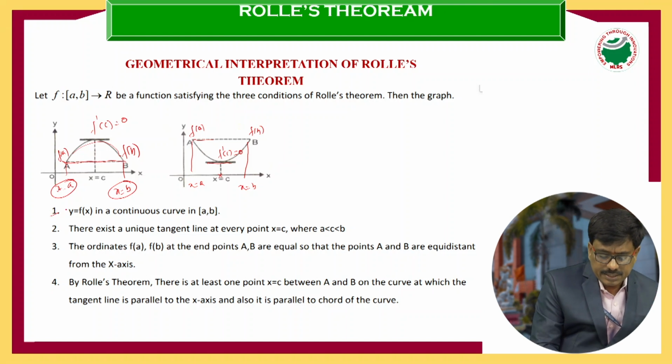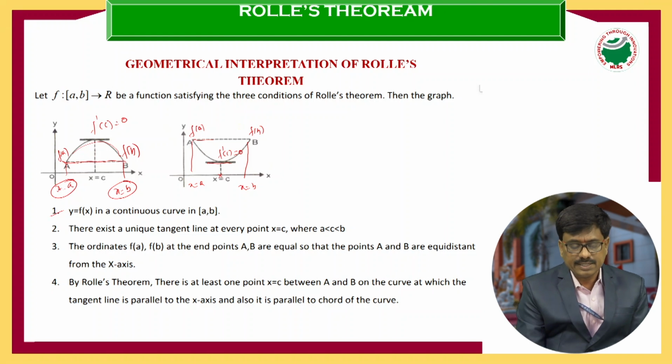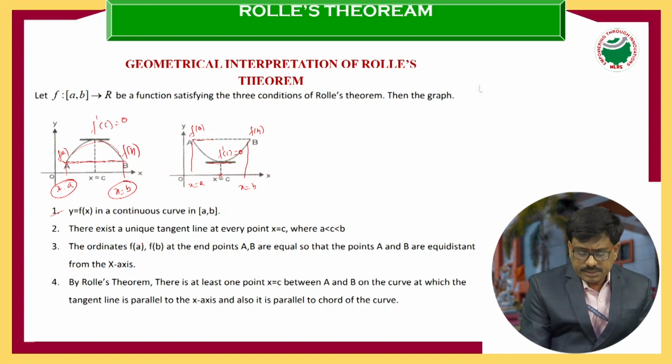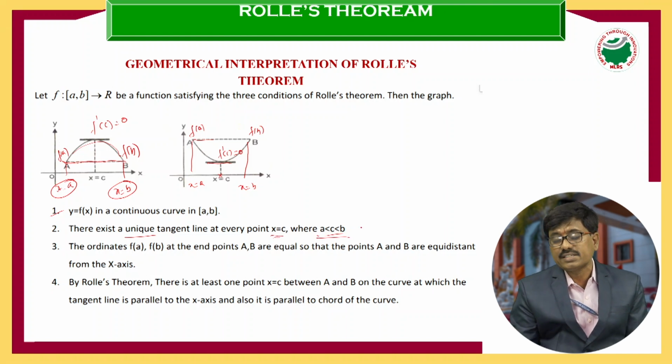Let us look at the first condition. It says y equal to f of x is a continuous function. Whenever we define the function, it must be continuous. There also exists a unique tangent at the particular point C, and that C value always lies between A and B. This is the condition for the existence of Rolle's theorem.